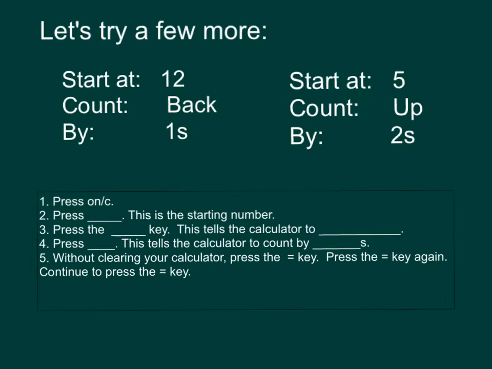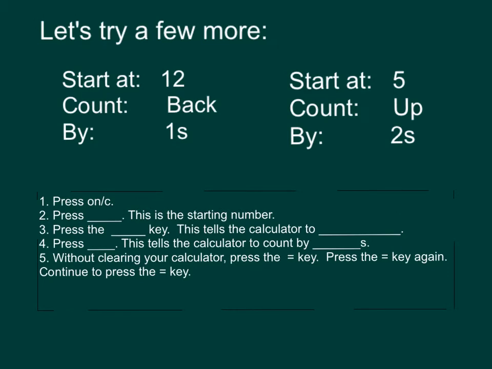Do not press any other buttons, the clear key or anything, and now you're going to press the equals key to get our first number. Then we're going to press the equals key again to get our next number. Let's continue this as we count back by ones.